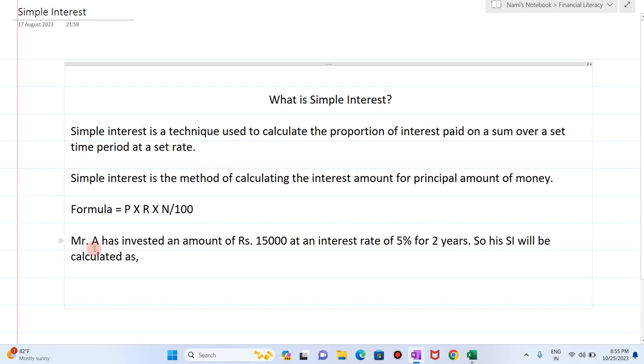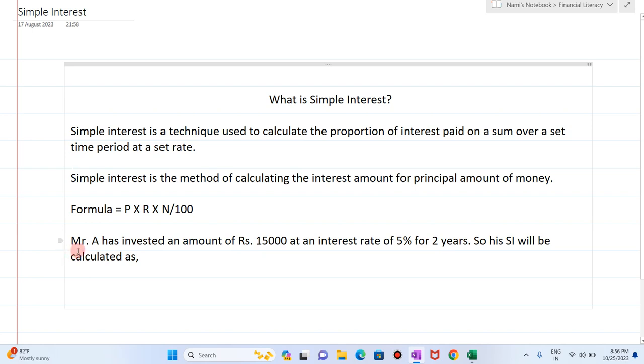Mr. A has invested an amount of rupees 15,000 at an interest rate of 5% for 2 years. We need to calculate his simple interest, meaning how much interest Mr. A is going to get on his investment amount after 2 years.